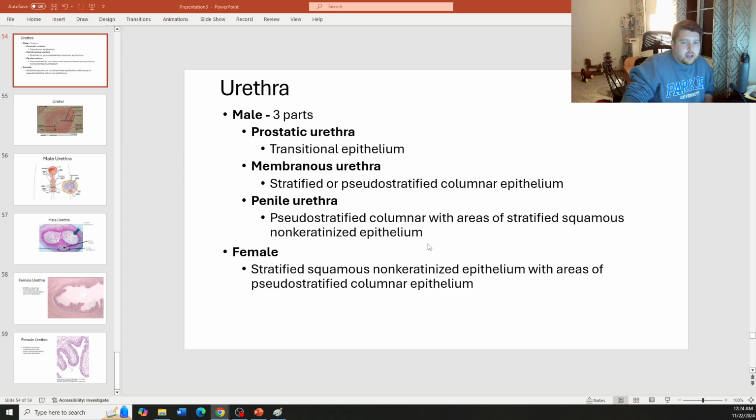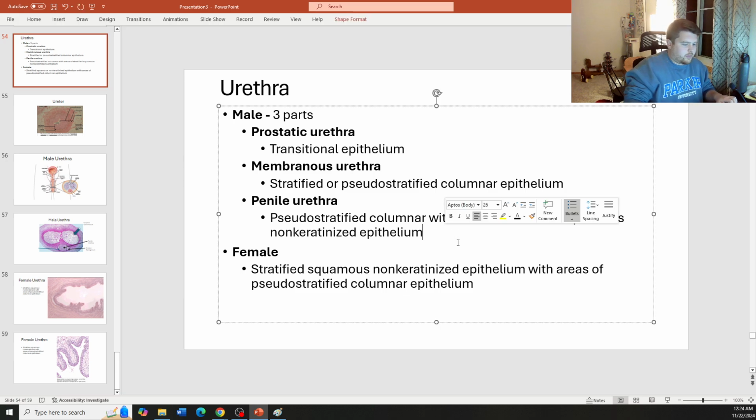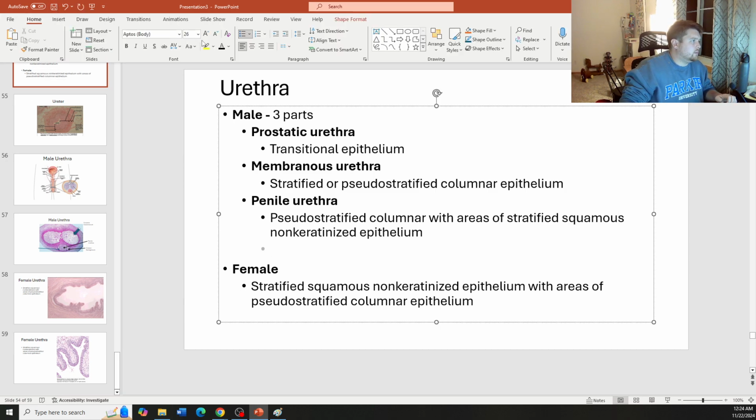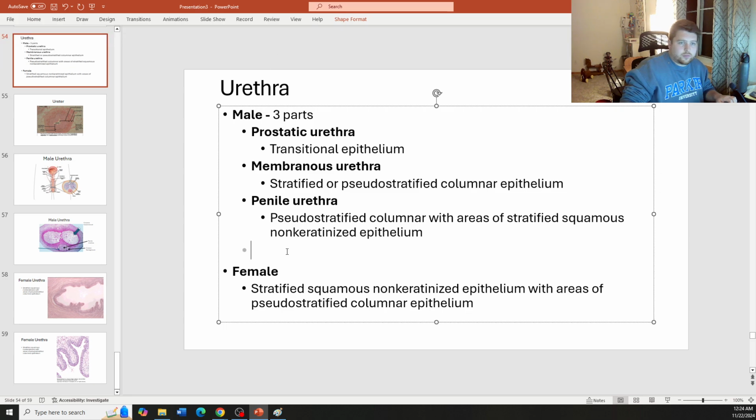Yeah, even smaller than that. I was thinking inches, but it's centimeters. So the male urethra is 16 to 22 centimeters long, and the female urethra is an average of 3 to 5 centimeters long.